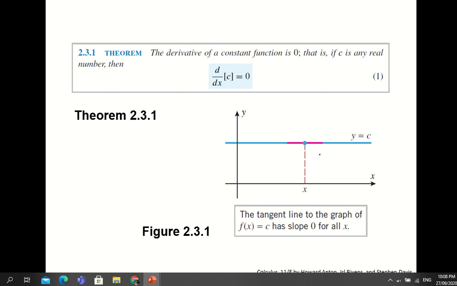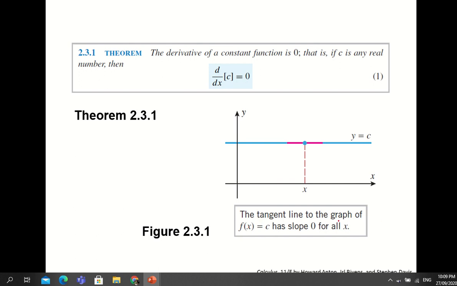When you find the slope of that, or the derivative of that value, that is constant. So that's why we have here the value 0. The derivative of the constant is equal to 0. It will never change. Along this line, if you have a value of x equal to 5, you see here the height will not change. So y is equal to a constant. Now the derivative of that constant is equal to 0.